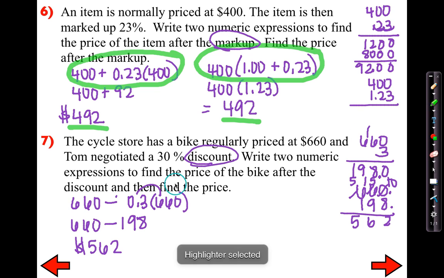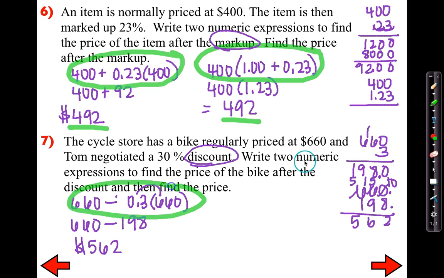Now, is there another option? Absolutely. The other option would be to think of it this way: instead of thinking, I'm saving 30% of the price, if I'm saving 30%, that means I'm going to end up paying 70% of the price.